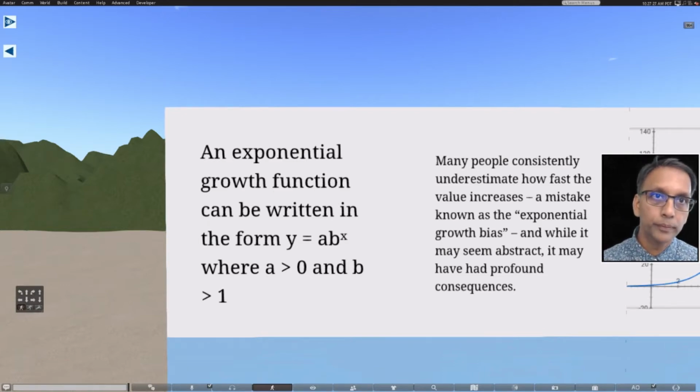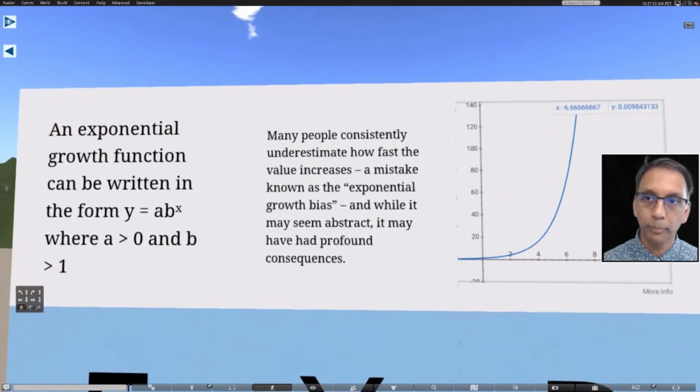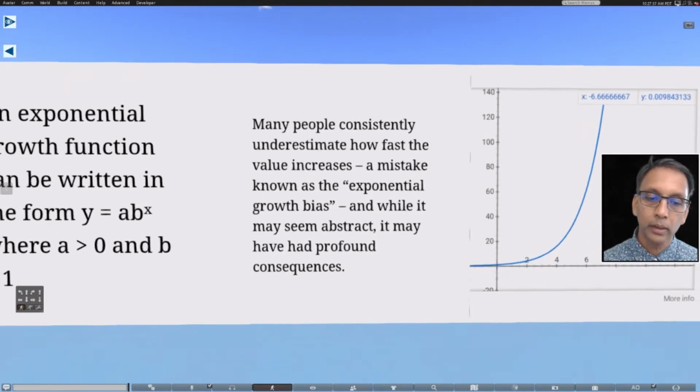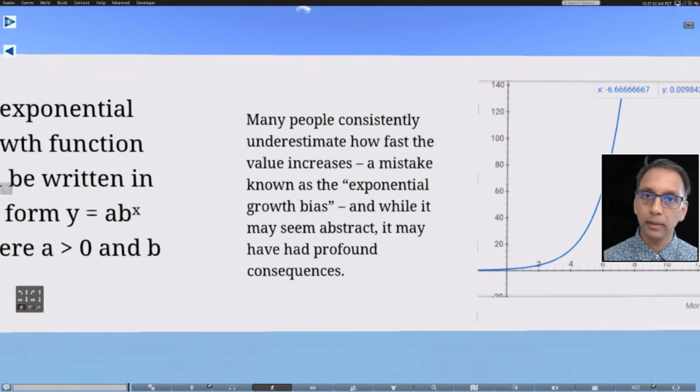The second thing that we have to pay attention to is the bias aspect of this function. So this is interesting from a very particular angle.